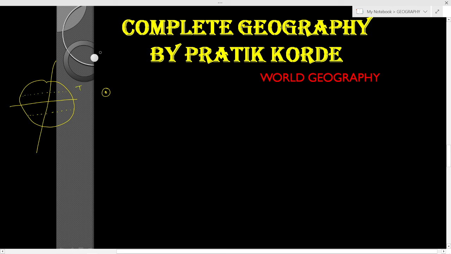This is the Tropic of Cancer in the northern hemisphere, and the Tropic of Capricorn in the southern hemisphere, at 23 and a half degrees. That's it.